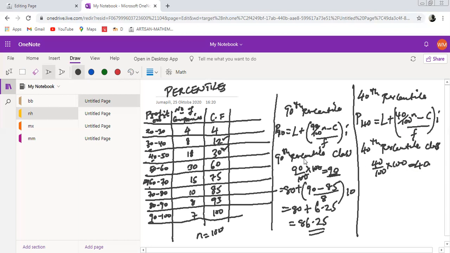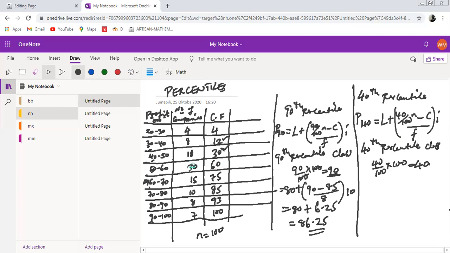Now, where are we going to get 40 in our cumulative frequency? It cannot be in 30, because with 30 we have not reached the 40th. So it can only be in this 60.